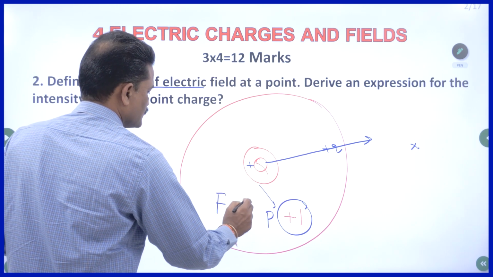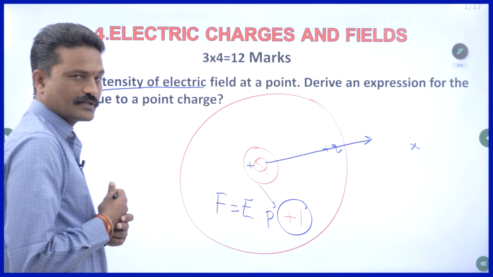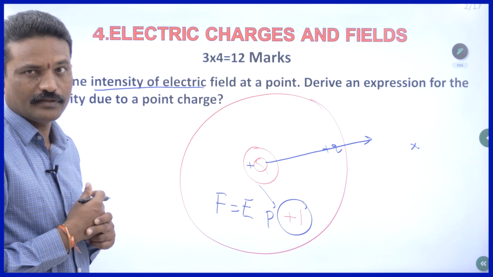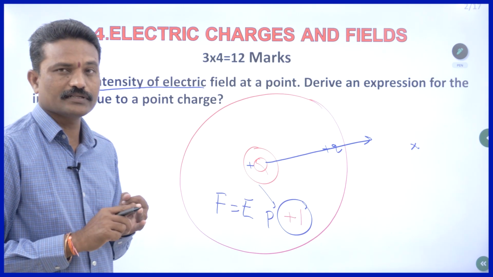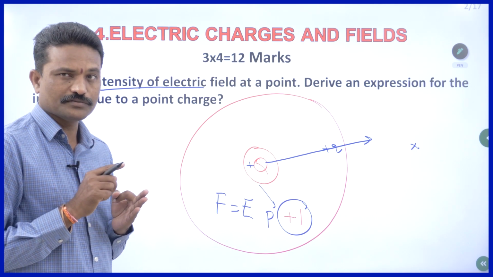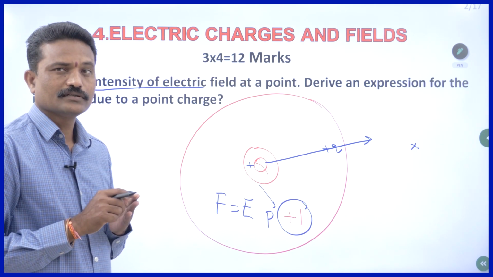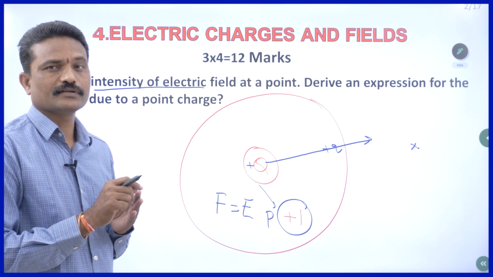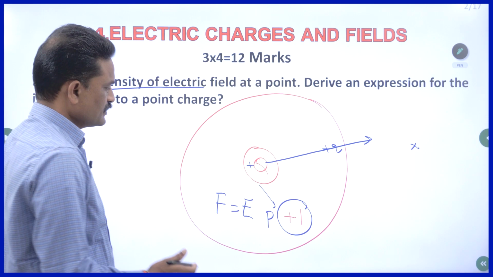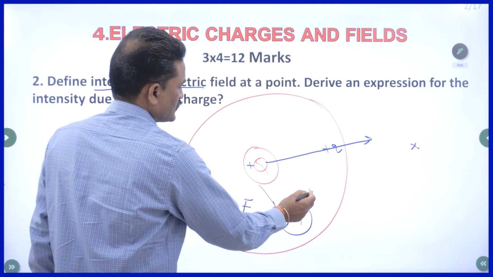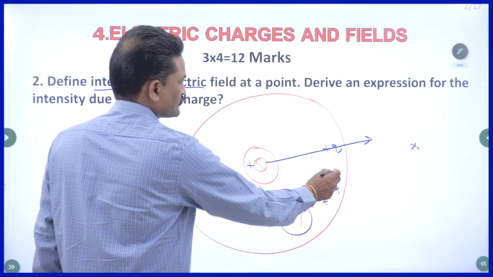That force is defined as intensity of electric field. Intensity of electric field is the force experienced by a unit positive charge placed at a point in the field of some other charge. The intensity of electric field changes from point to point.